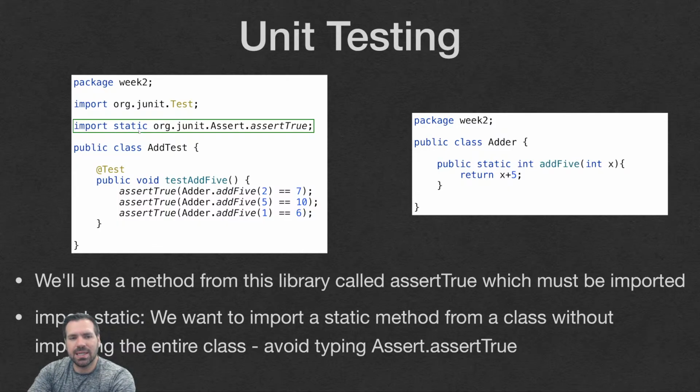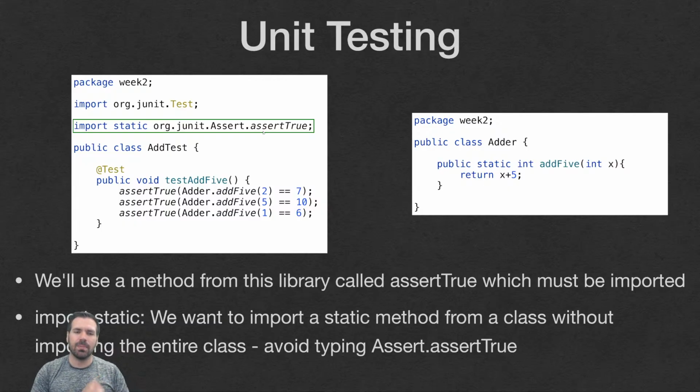So we're going to import static, and what this does is, instead of importing a class, which every single import we've seen so far has been a class, technically test is an interface, instead of importing the whole class, we're importing one static method from a class. So from the org.junit.Assert class, I want to import the assertTrue static method.